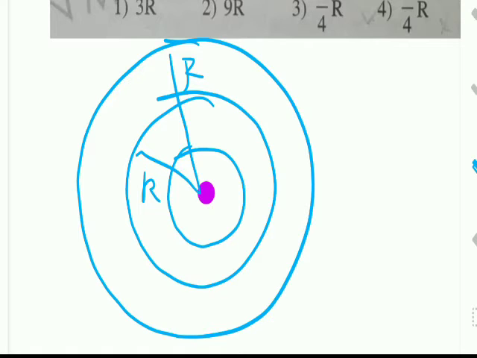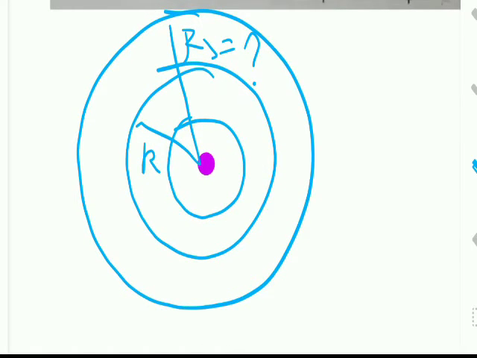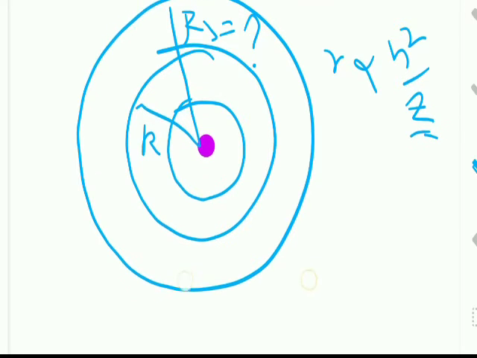R3 is equal to what? What is the relation between radius and principal quantum number? R is proportional to n square by Z. Here both are the same atom, so Z is not required.